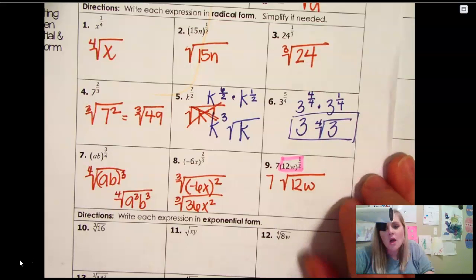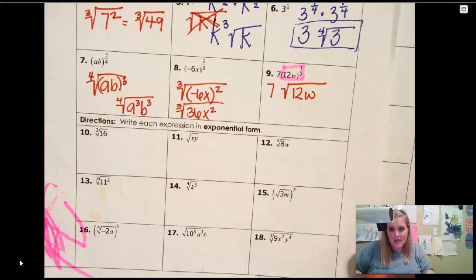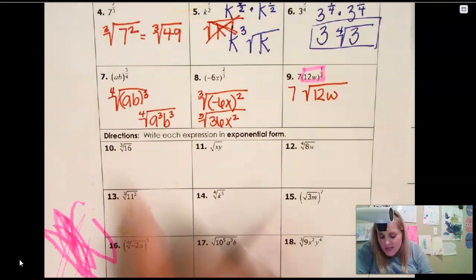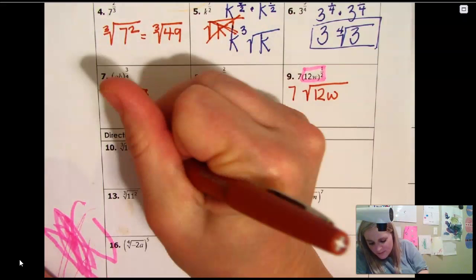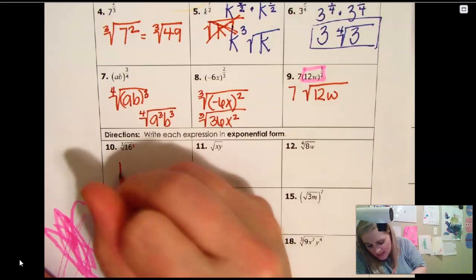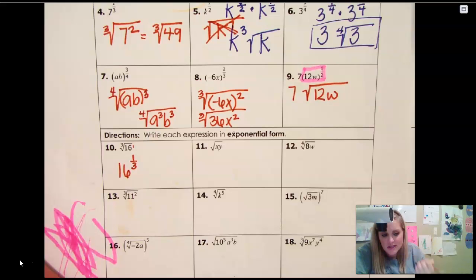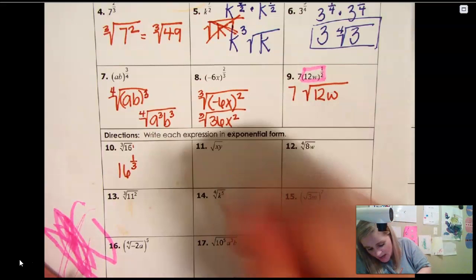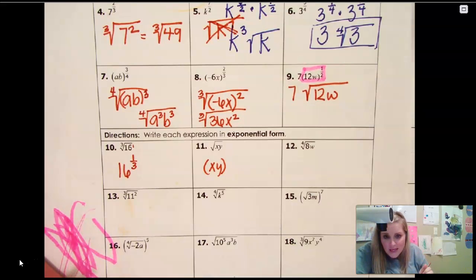Okay? All right. Now, the reverse of that is if it's written like this. This 16 is to the 1st power. So this would be 16 to the 1/3 because your index is 3. So that's 16 to the 1/3 power. This one, XY, is what's inside. It's 2 variables, so I'm putting that in parentheses.